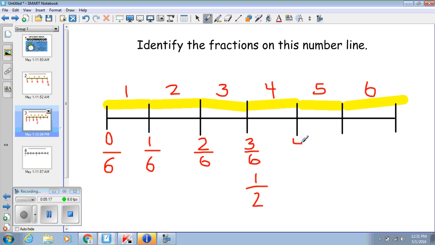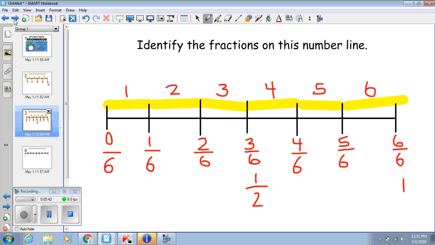Here is 4/6. This point represents 5 out of the 6 parts. And this point here is 6 out of the 6 parts. 6/6 equals 1 whole.